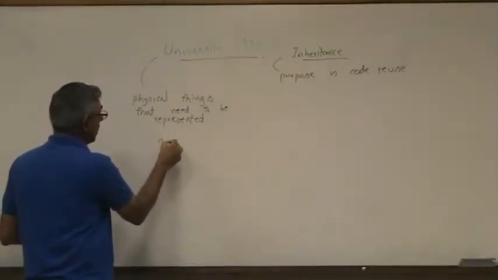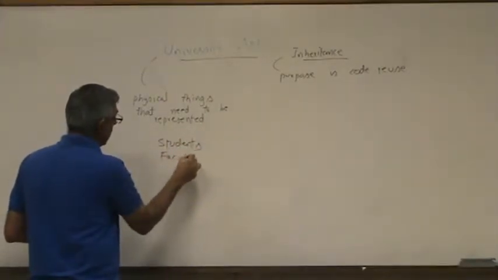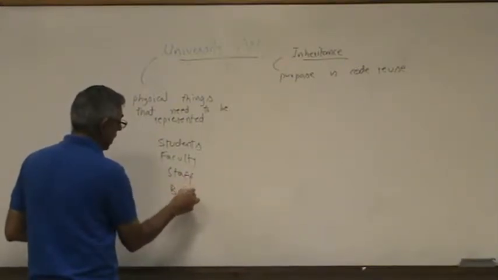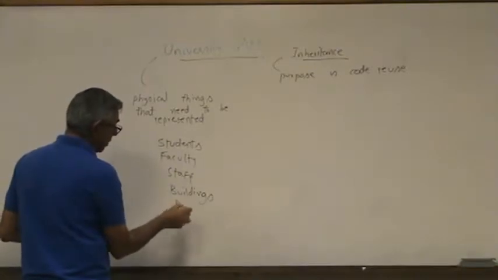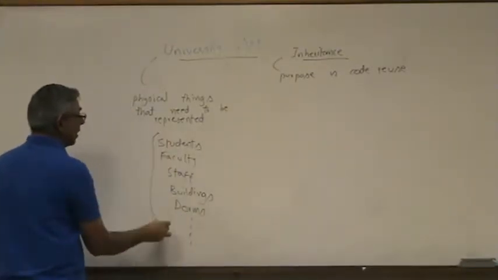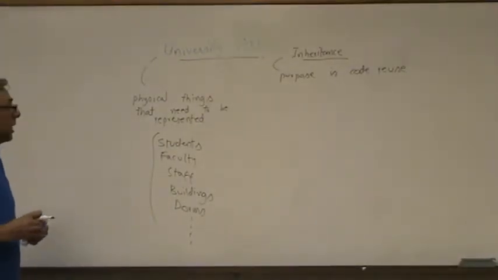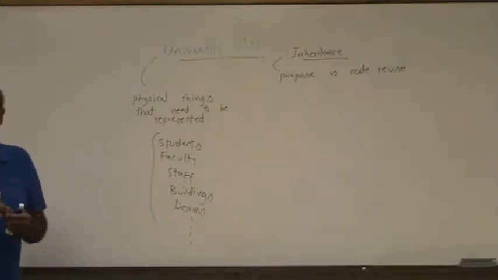So we have students, we have faculty, we have staff, we have buildings, we have dorms, and so on. You can keep taking a look at all the different things we need to create in our system.